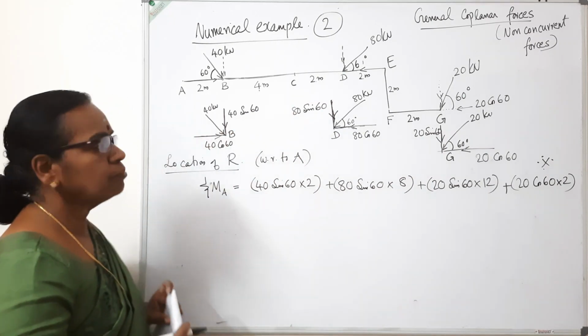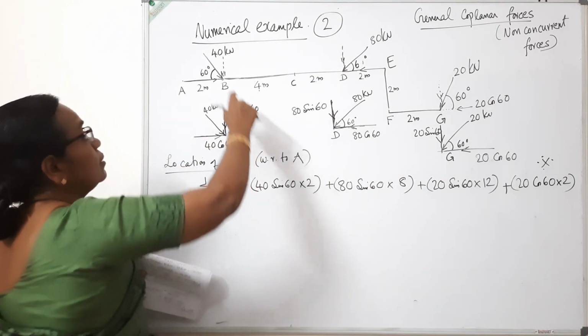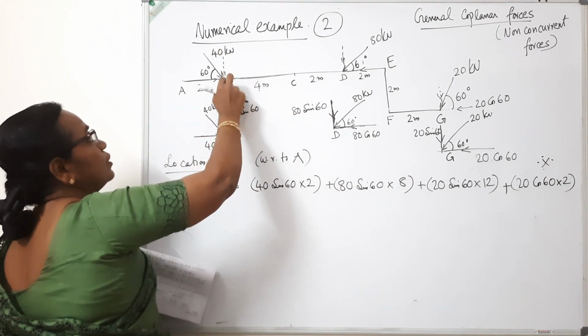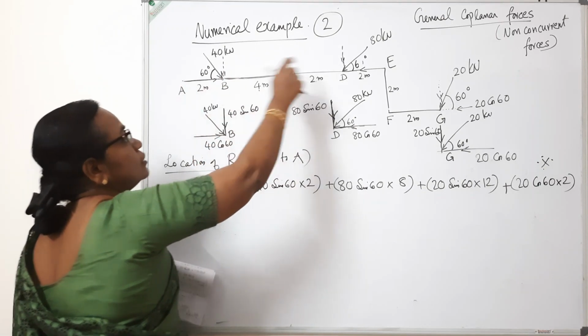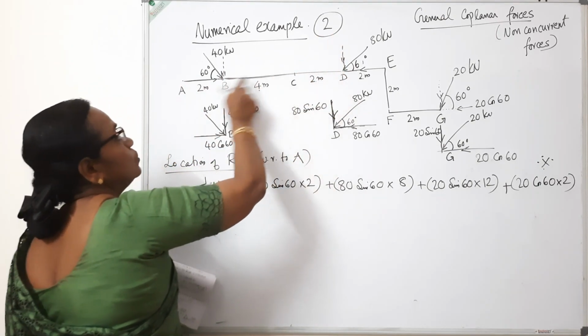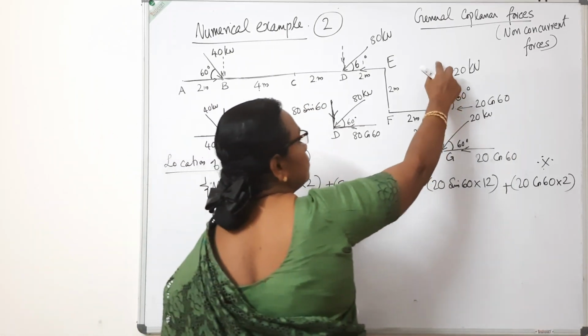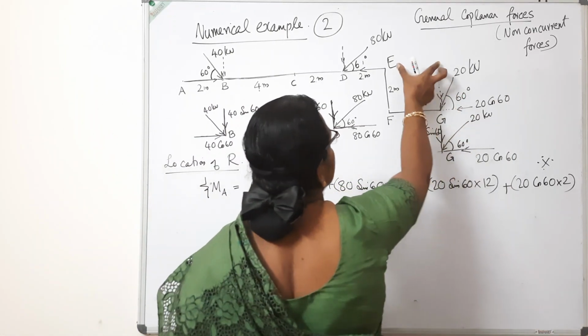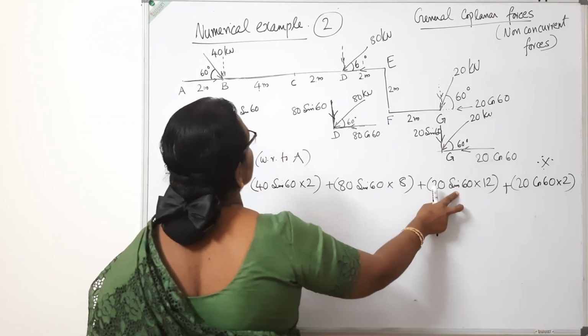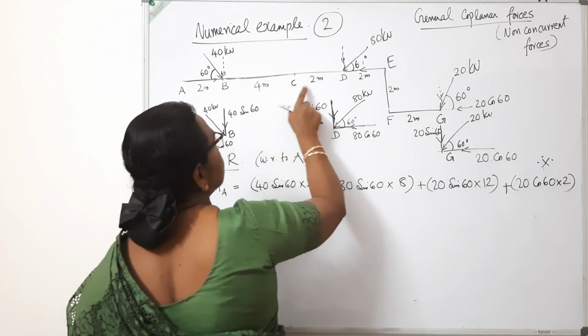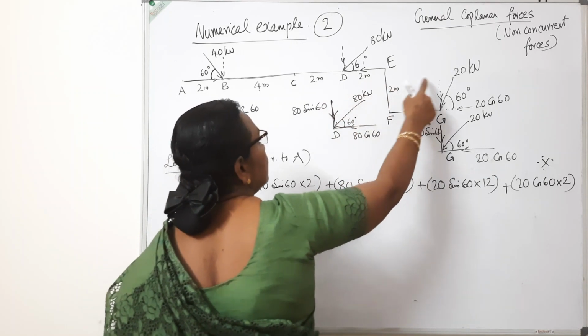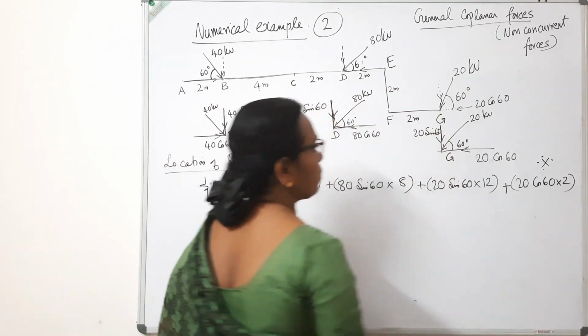So repeat once again, moment of all the forces. The vertical component 40 sin 60 into 2. This vertical component 80 sin 60 into 6 plus 2, 8. Here this vertical component 20 sin 60 into total distance, 2 plus 4, 6 plus 2, 8 plus 2, 10 plus another 2, 12.